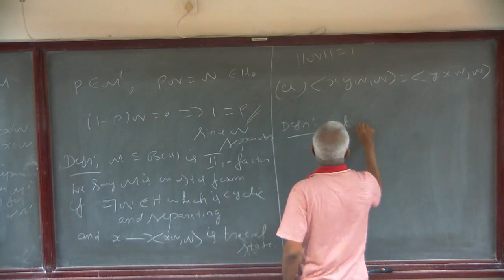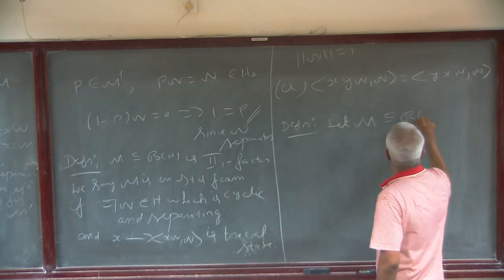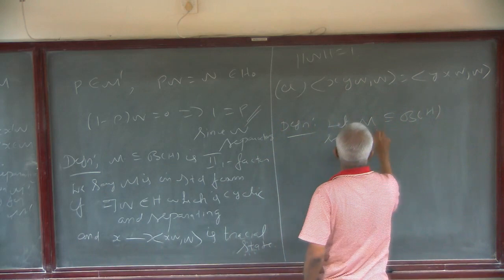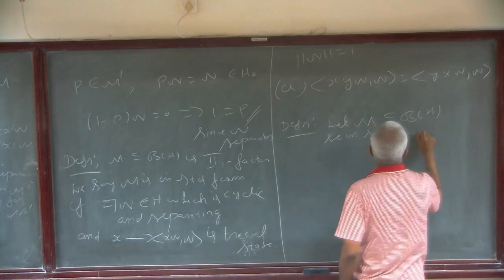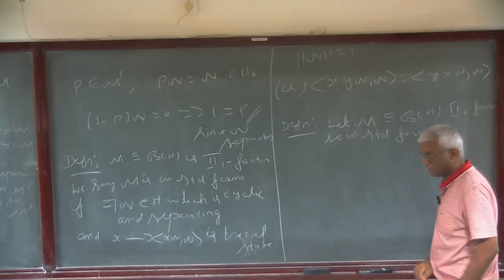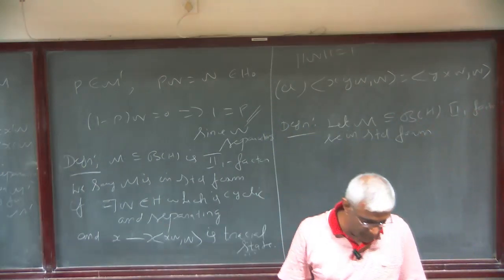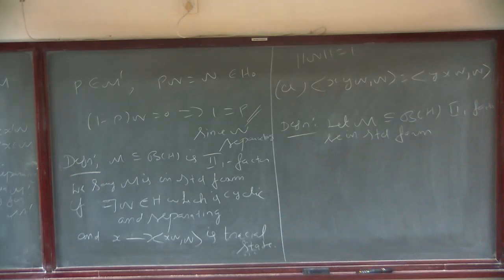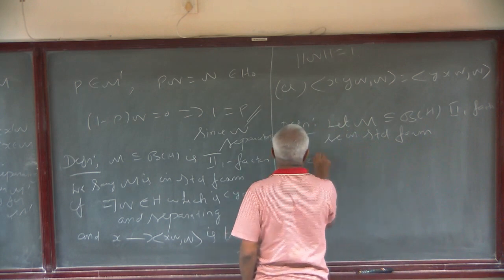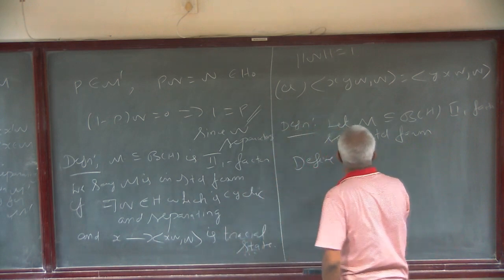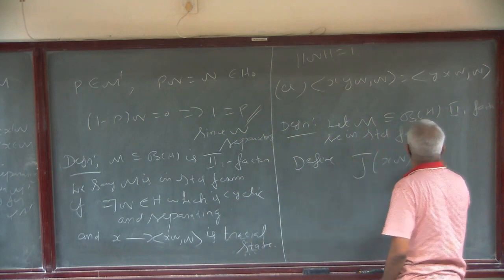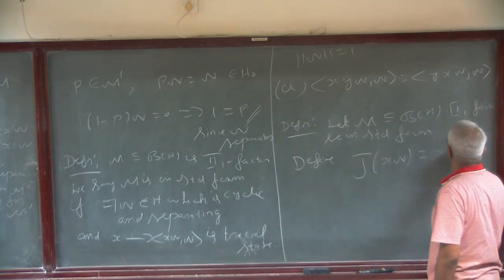Okay. So definition. Let M contained in B(H) be a II_1 factor in standard form. Define J acting on x omega equal to x star omega.